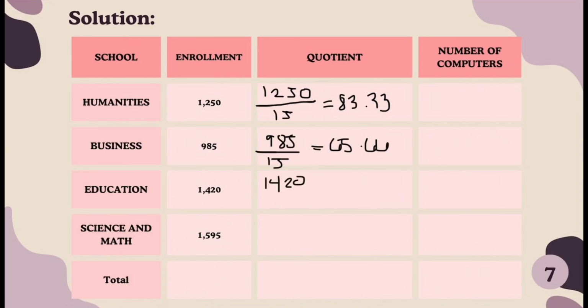So for business, we have 65.66. And for education, we have 94.66. And lastly, for science and math, we have 106.33.